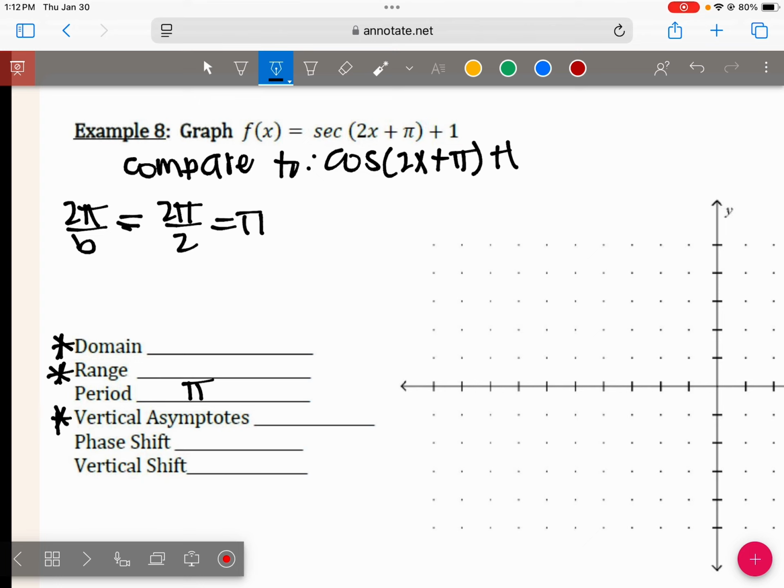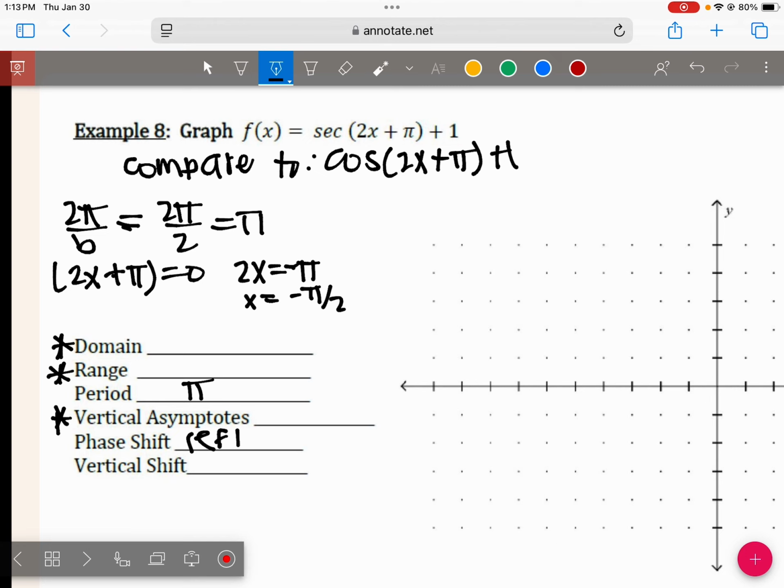Our vertical asymptotes we're going to come back to, and then in order to find our phase shift or our horizontal shift, we set everything in this parentheses equal to 0. And at the end of the day, you get x equals negative pi halves.